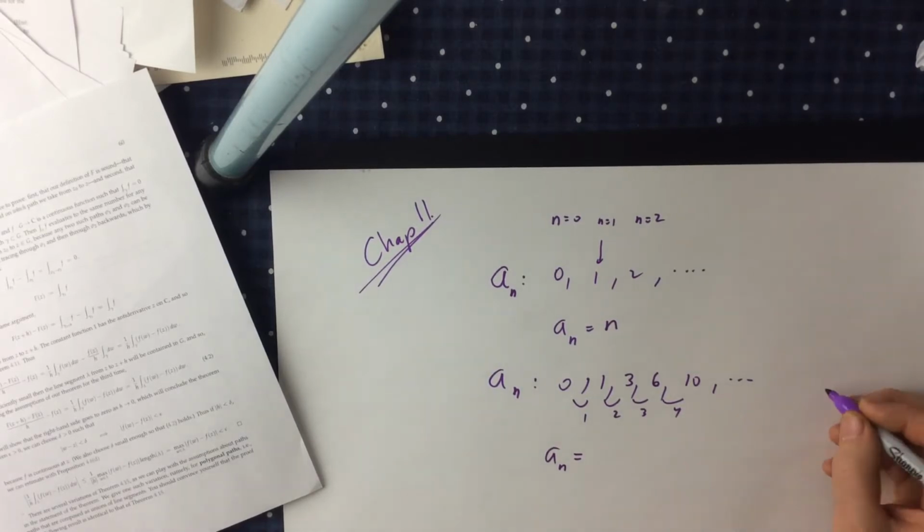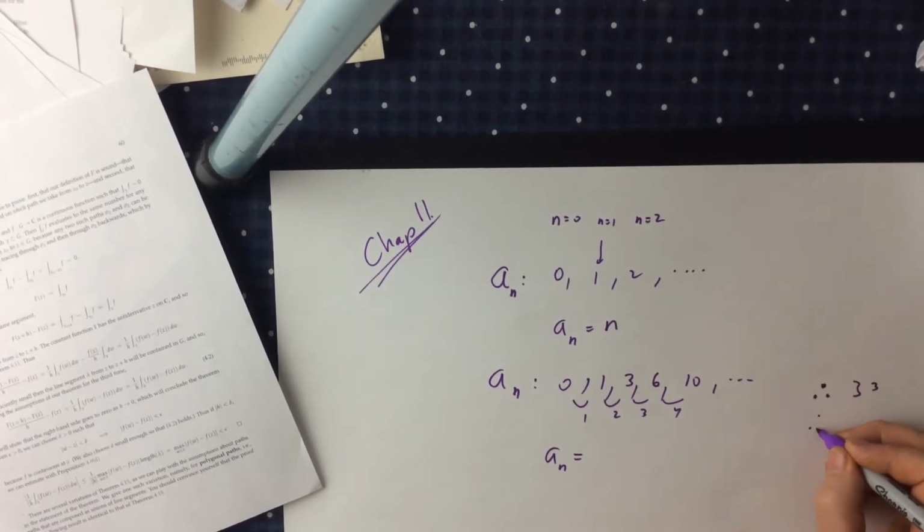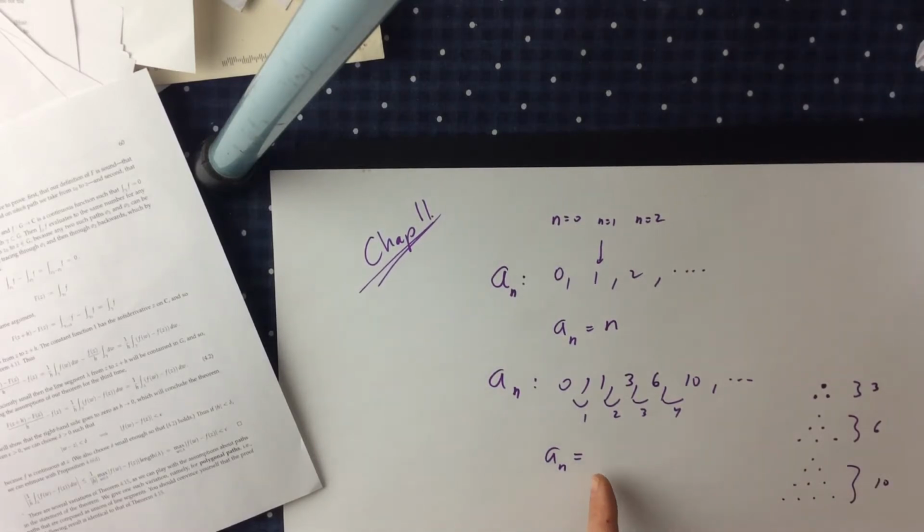Let me give you another hint about this. 1, there's 3, there's 6, there's 10. I bet you can describe that this is the size of triangles, so that it has a specific number of rows.